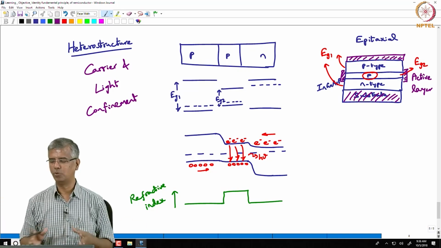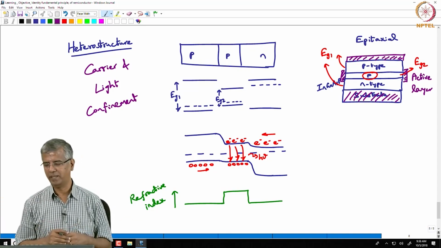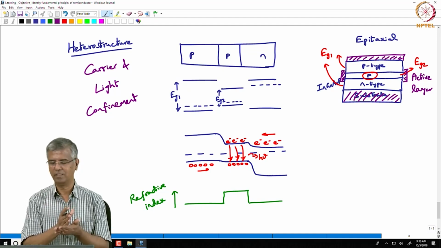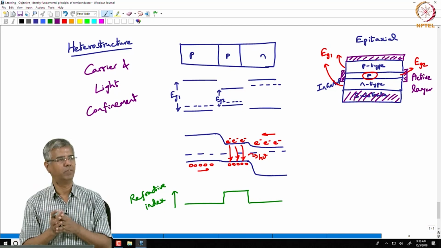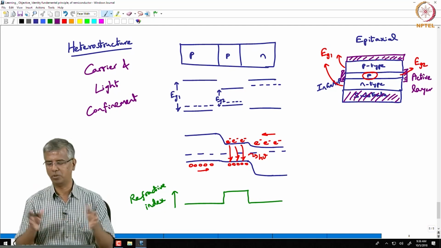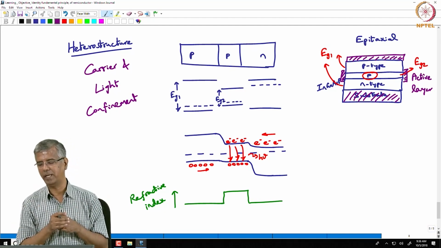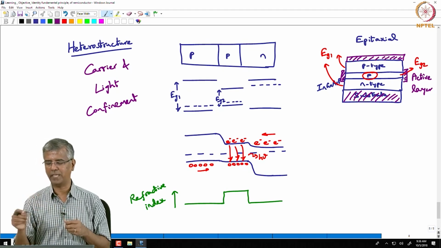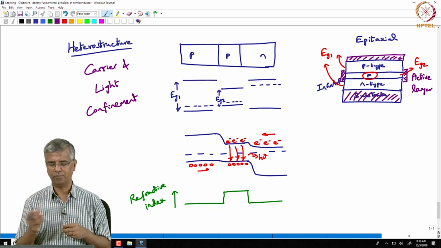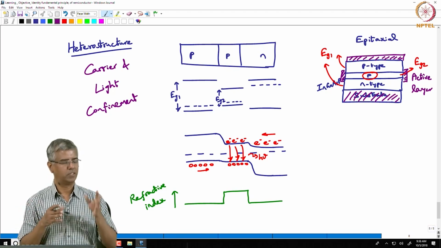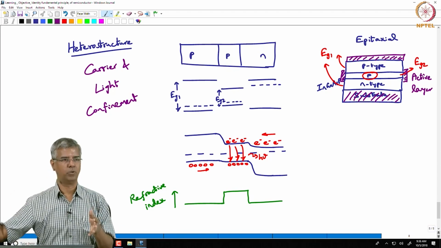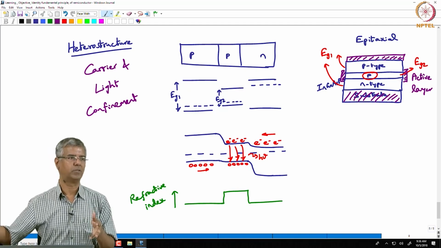You get thousands of these together, and when you dice it, you are essentially making a flat cleave on both ends of this material, and the refractive index of the material, if you talk about gallium arsenide, is about 3.4. So, it is 3.4 in the material and 1 outside, air outside.